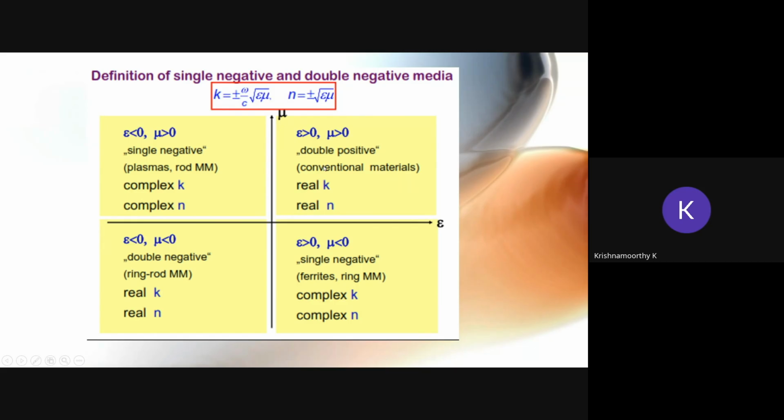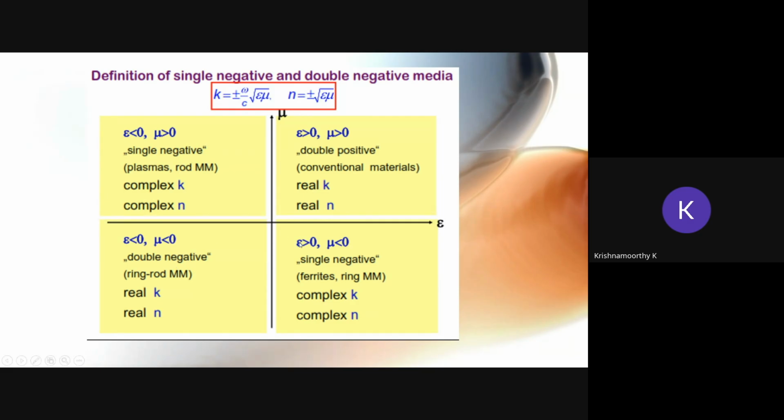Okay. So in the double positive as well as the double negative medium, the wave is going to propagate, but the double negative medium is going to offer unusual characteristics compared to the double positive medium. The wave is going to propagate in both kinds of medium.